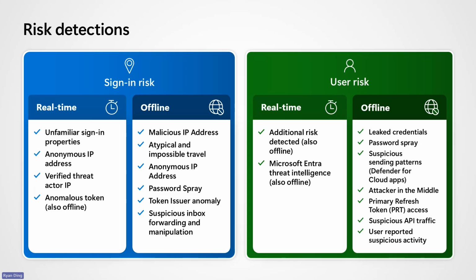This can help us catch a user who possibly has had their token stolen and replayed from another location. That might be caught by either our real-time or offline detections in terms of the token itself, or if the attacker takes that token to a different location, to a different device, or tries to sign into an app that the user isn't usually signing into. These are all things that can be caught by our Entra ID Protection tool, right?